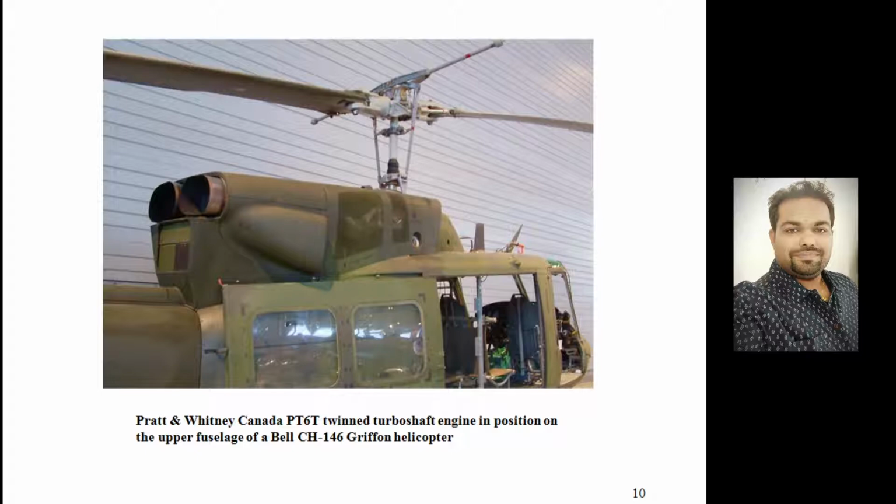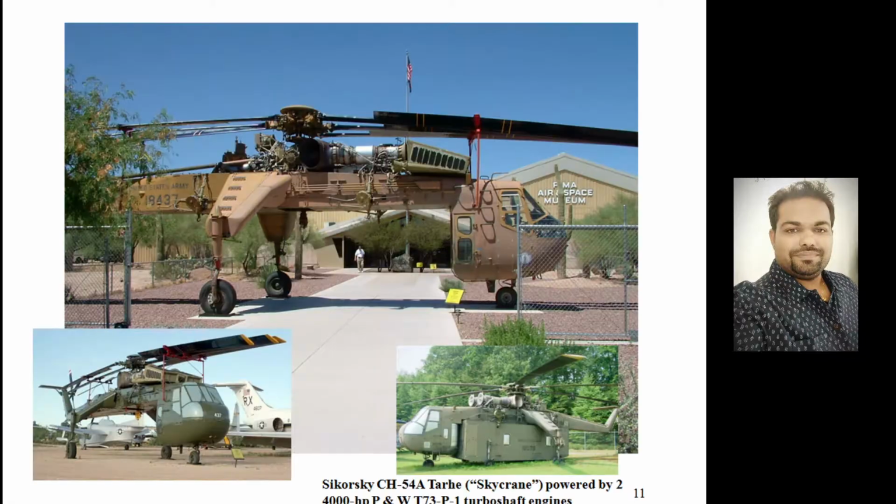It is used by the armed forces for aerial firepower, reconnaissance, search and rescue, as well as air mobility tasks. So this was one of the most famous applications of the turboshaft engine.